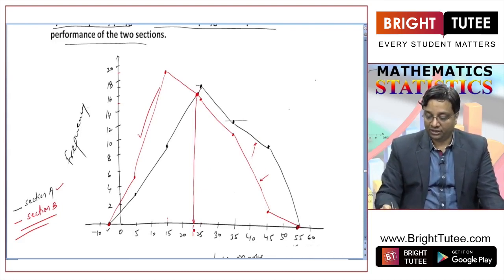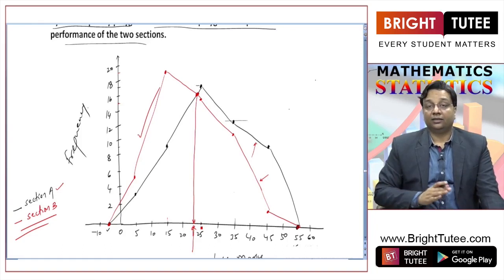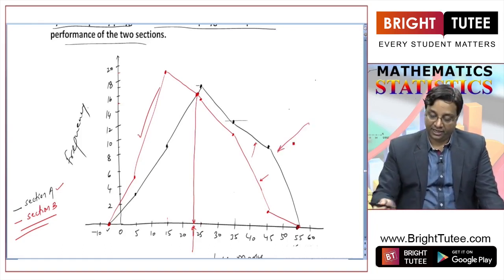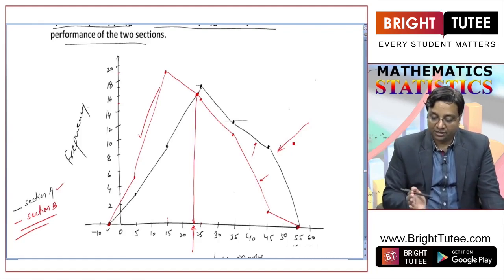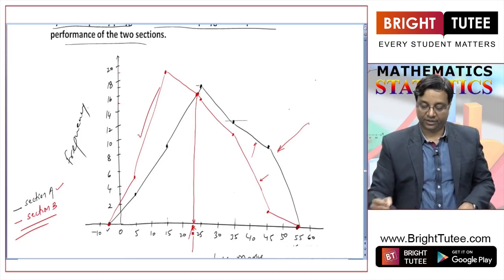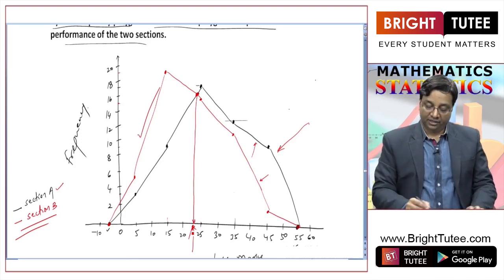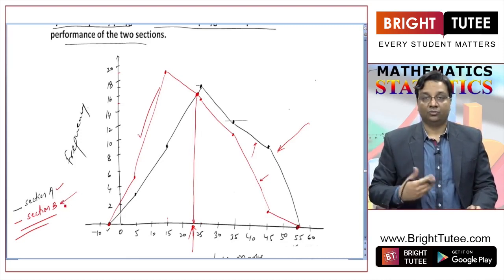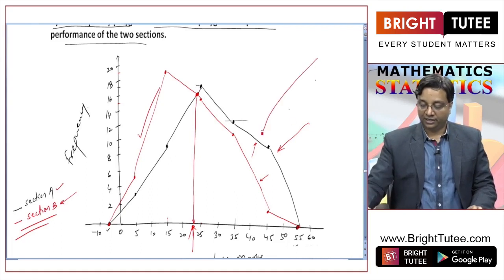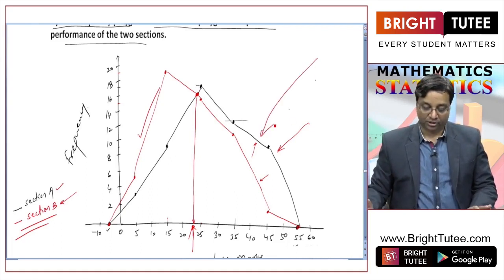So more than these marks, the performance of students of section A is better, and when we consider the lower marks between let us say 0 to this one, 0 to 20, section B has got more number of students in this area, right? So what can you say about their performances? More number of marks are scored by section A students.